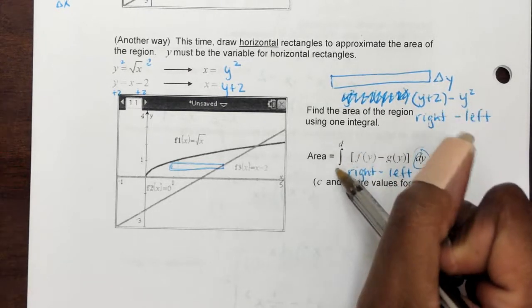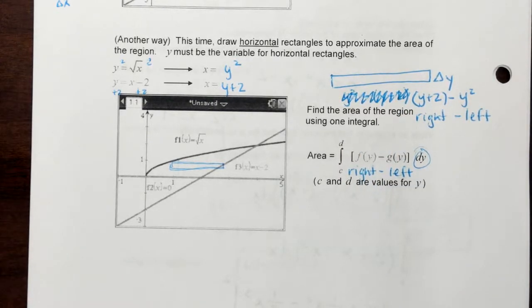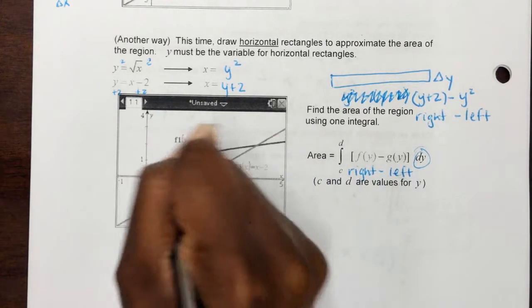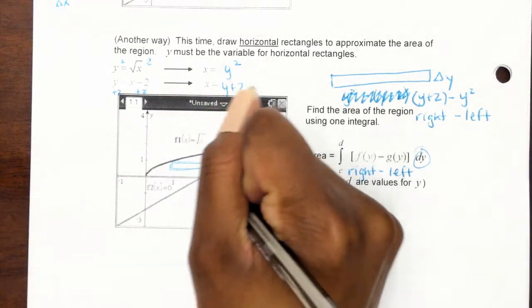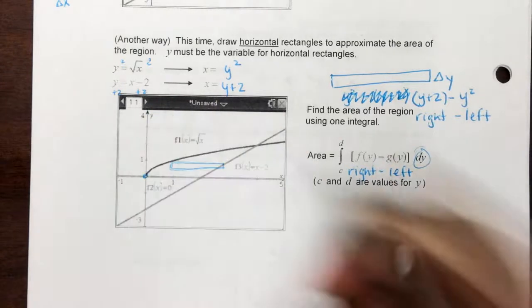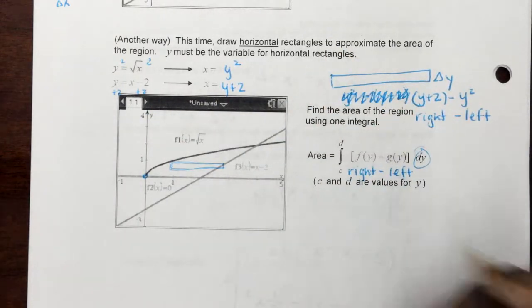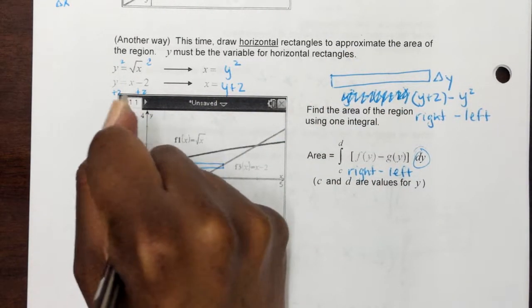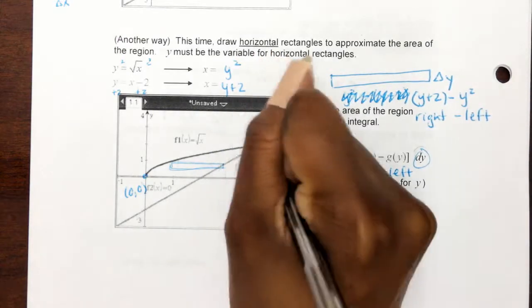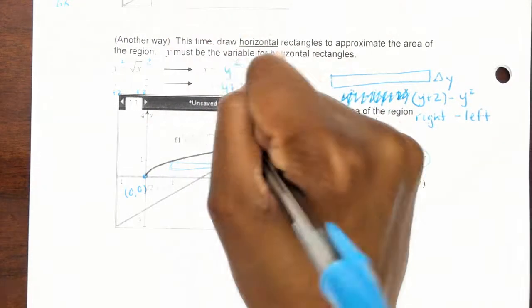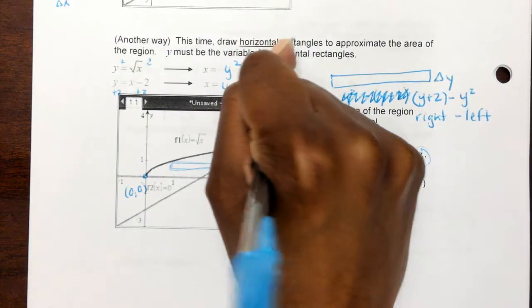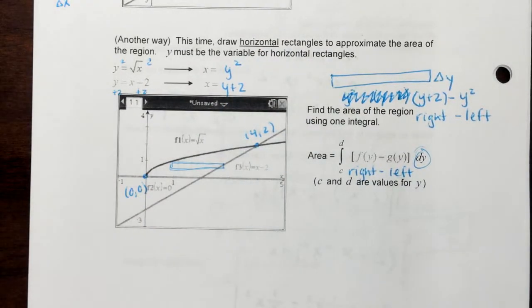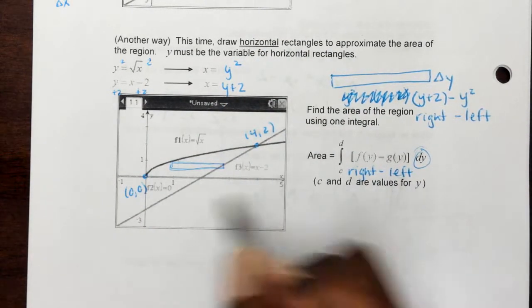To find our limits of integration, since we're still looking at this space here, we're starting at 0 in this case, and we're going up to, they intersect at (4, 2), so we're going up to 2 because we're in terms of y.